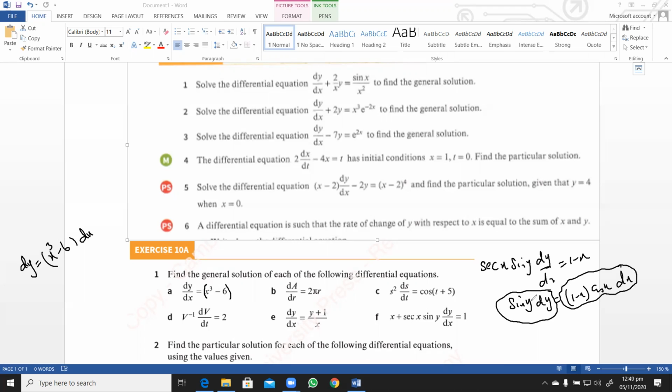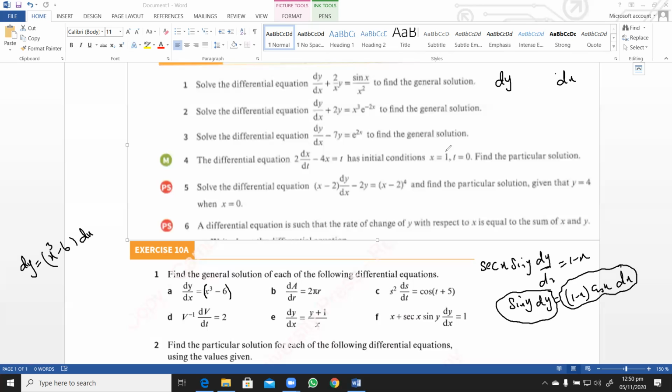So that is the very first step to start solving a differential equation. But if you look at these questions over here, this is from your further mathematics book. Now this is dy by dx plus 2 over x times y equals sine x over x squared. Whatever you do over here, you can't switch the terms in a way that all the y terms come on the left hand side and all the x terms come on the right hand side.